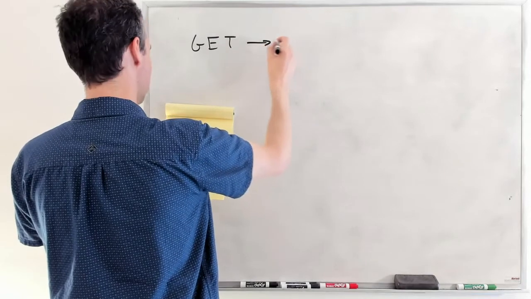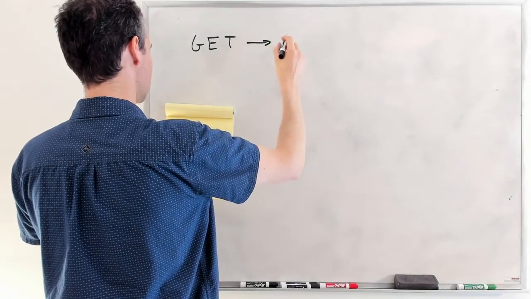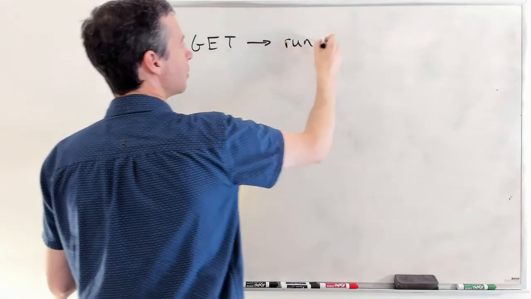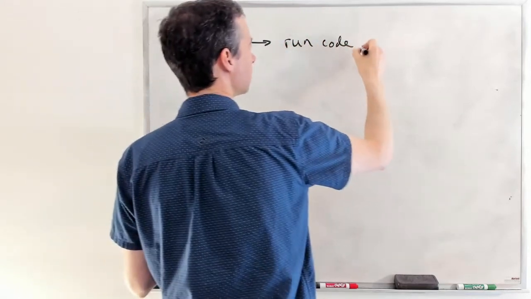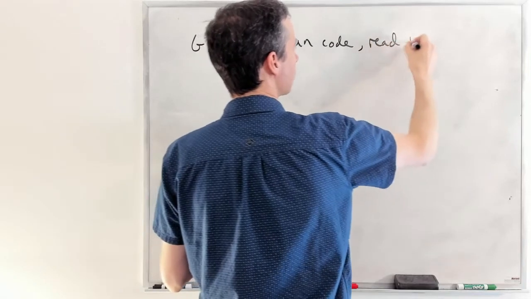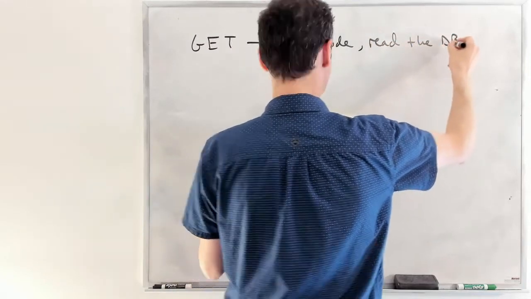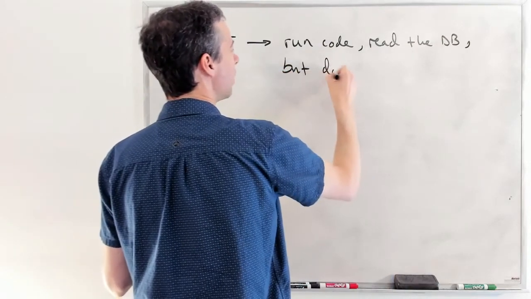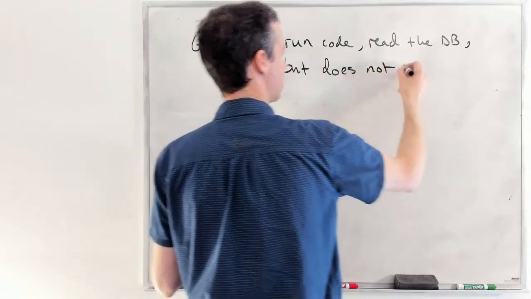What's important is that a get can run code, read the database, but does not change data.